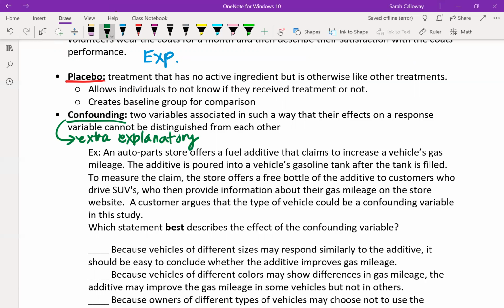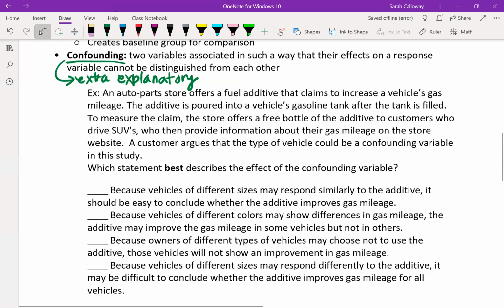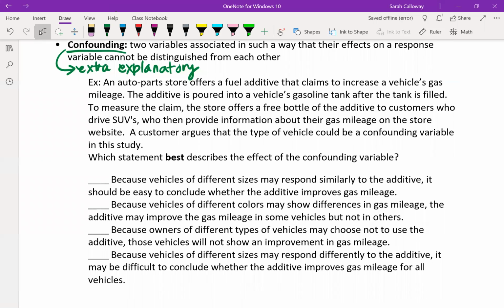So an example of a confounding variable would be in this situation. An auto parts store offers a fuel additive that claims to increase the vehicle's gas mileage. So the fuel additive is the explanatory variable, and then the gas mileage is the response variable.